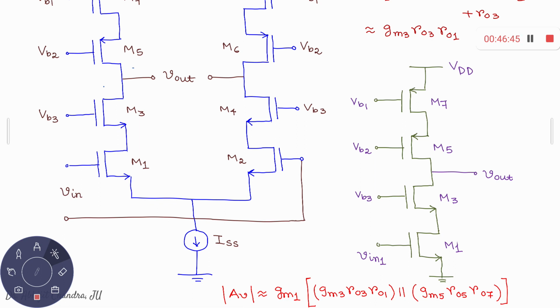So basically, between here and here you have this one, and between here and here. This side is also at DC ground.